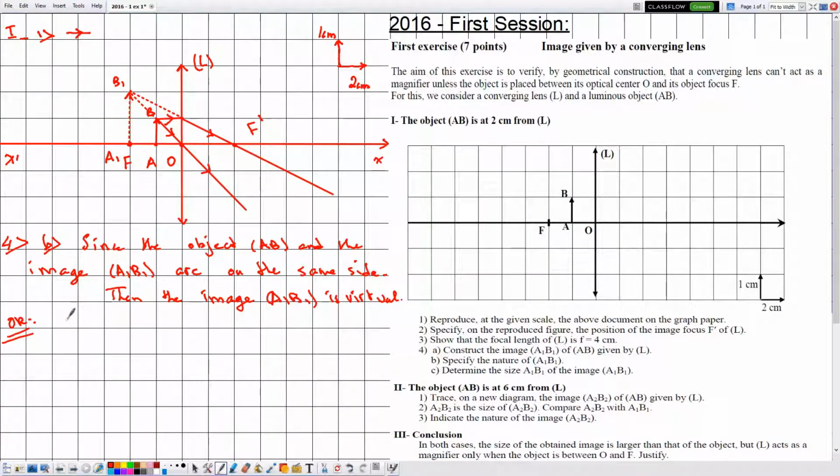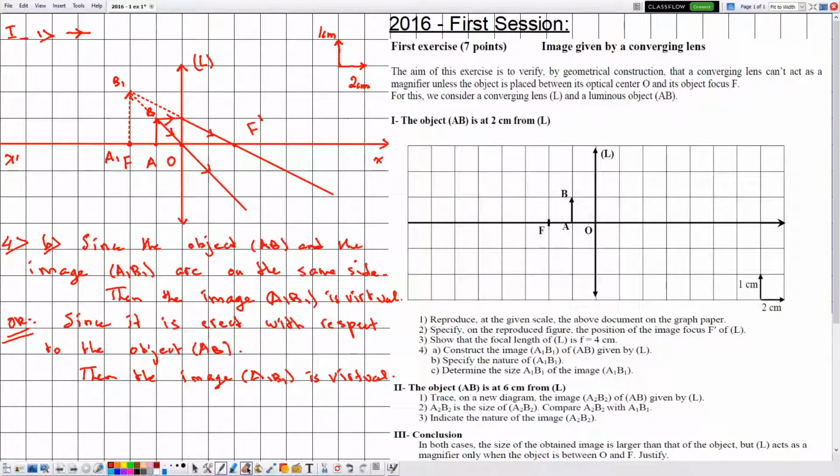Then we can say also that since it is erect with respect to the object, then the image A1, B1 is virtual. Okay, no need to write both answers. Either of them is accepted.